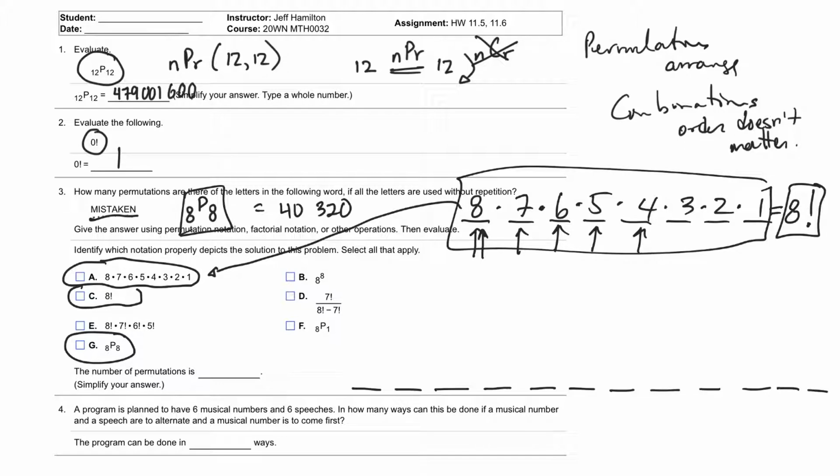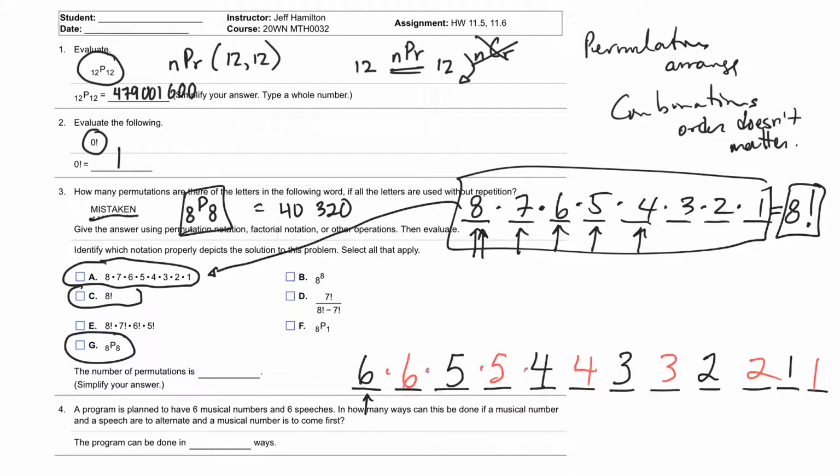Music, speech. Okay, so if I have 6 musical numbers, there's 6 that I could put there. And then 5 could go there, because I have to have a speech in the next one, right? 4 could go there, 3 could go there, 2 would go there, 1 would go there. Similarly, if you look at the speeches, I'd have 6 that could go there, 5 there, 4 there, 3 there, 2 there, and 1 there.